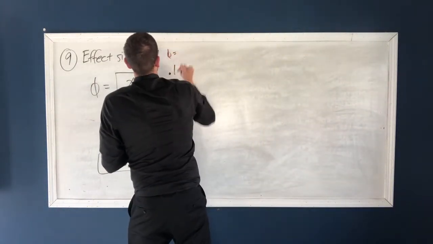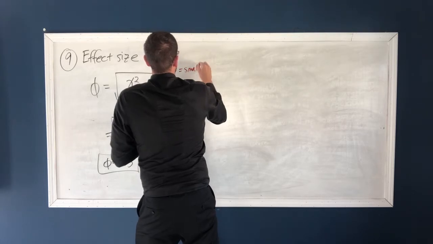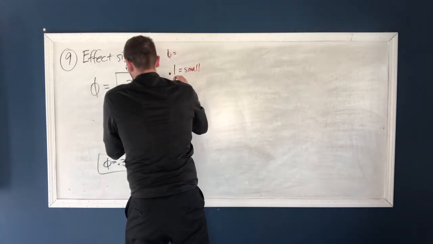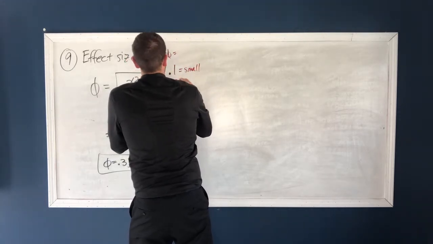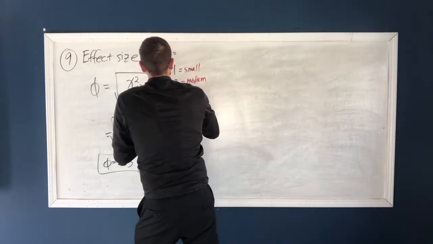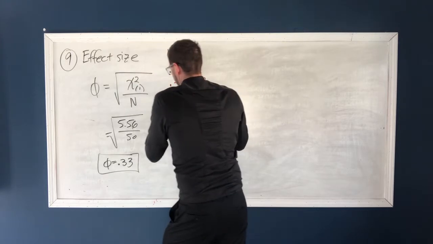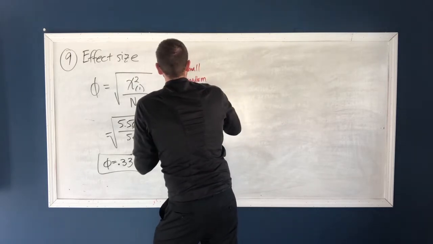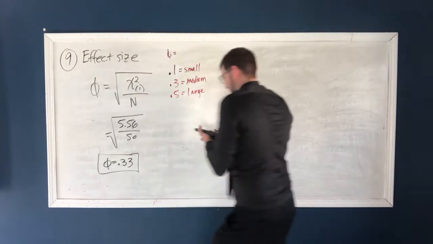So phi equals 0.1 is a small relationship. Phi equals 0.3 is a medium relationship. Phi equals 0.5 is going to be a large relationship.